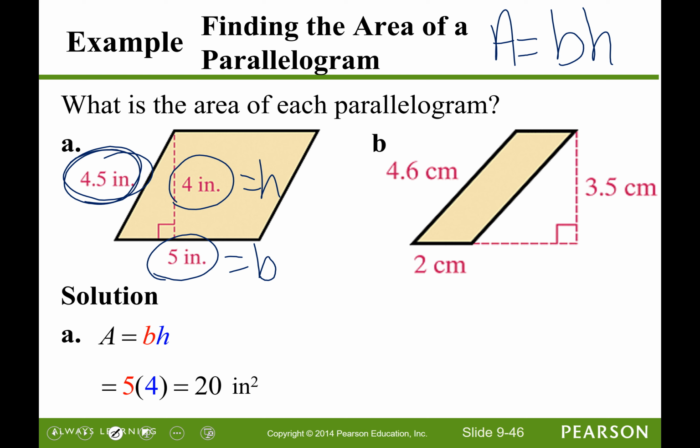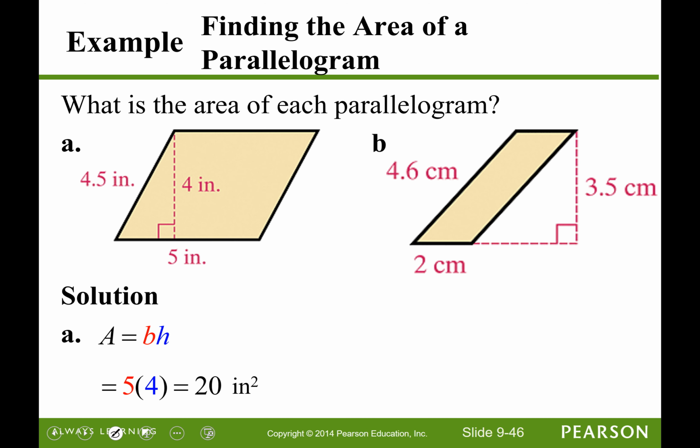To use this as your base, you could almost picture taking this structure and twisting it so that the 4.5 was horizontal to the ground, let's say. And then the height of that would be, it's kind of hard to see without twisting it, but the height of it would be then represented by that dashed line right there. Okay, so regardless of what you use, I think 5 and 4 were the easiest route.